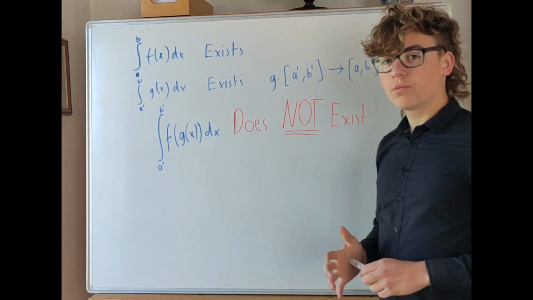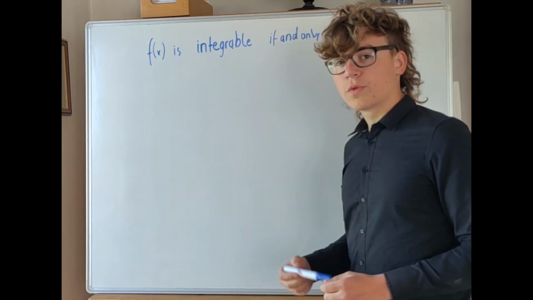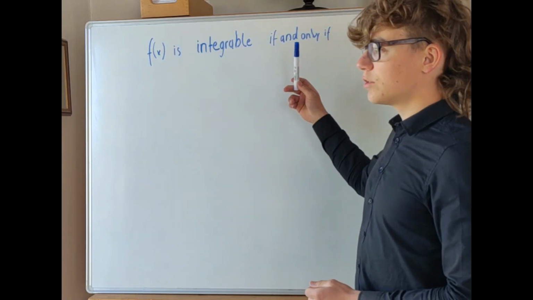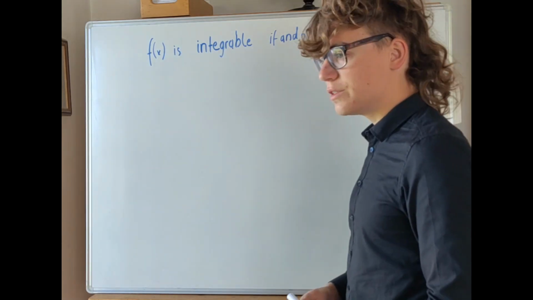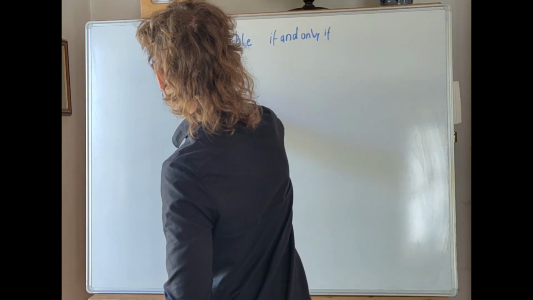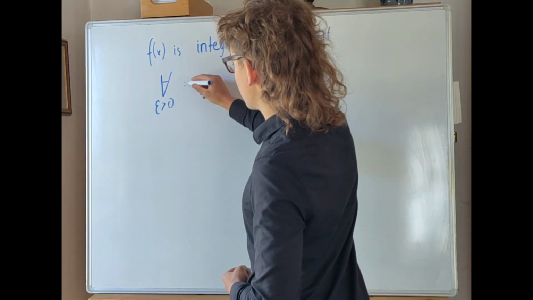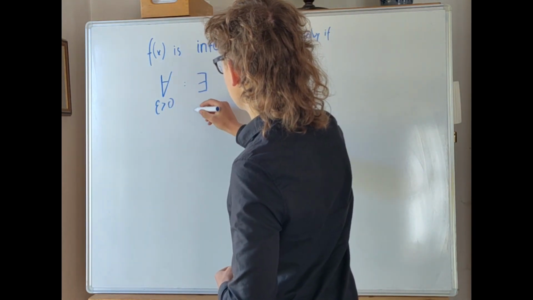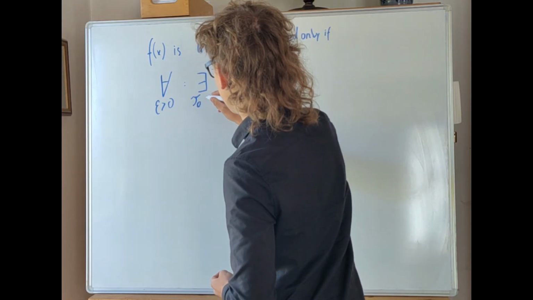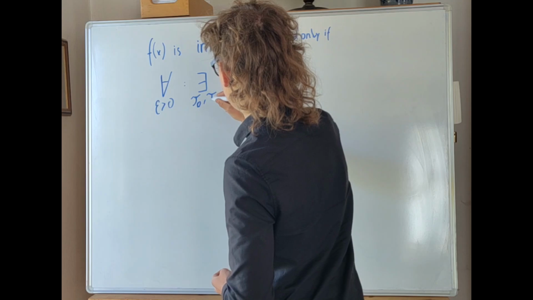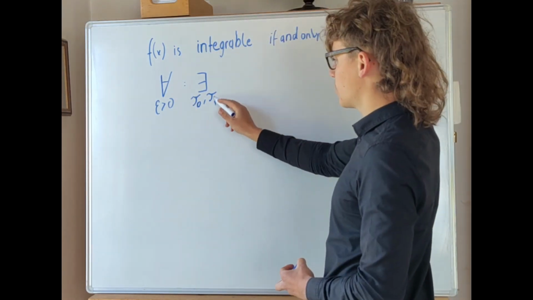So first let's define what integration actually means, and for that let me clean up the board. Okay, so we'll use the epsilon delta definition to define what f of x is integrable means. So we get: for all epsilon greater than 0, there exist two functions, t0 and t1. I'll explain later what this means.